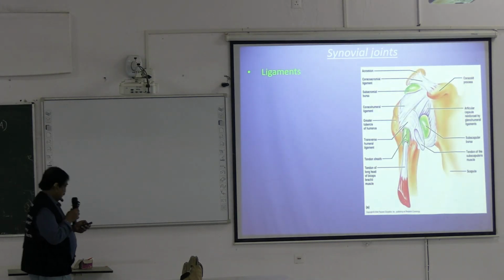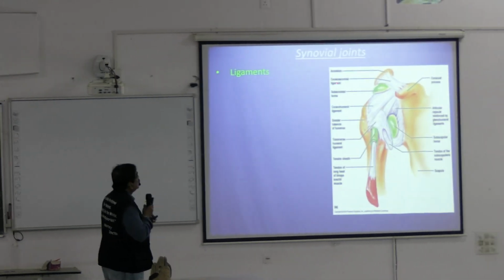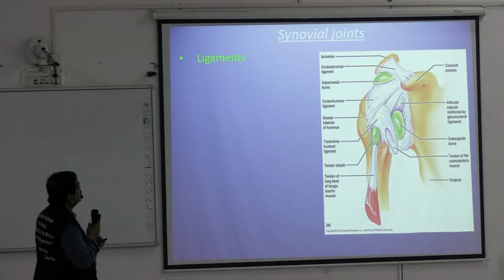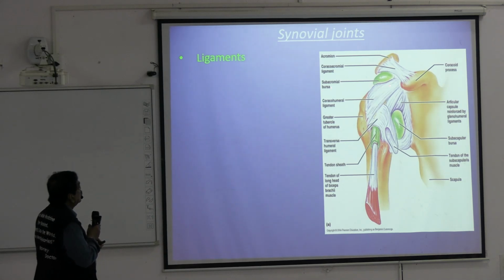Now ligaments. You can see these ligaments here. Coraco-acromial ligament: the coracoid process and the acromion. This is the coracoid process of the scapula, this is the acromion. Now this is the coracoid. Subacromial bursa, that's the bursa there.